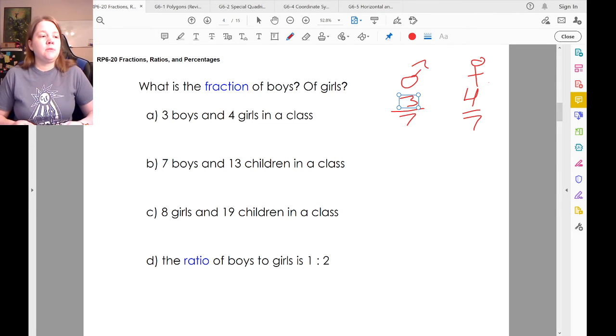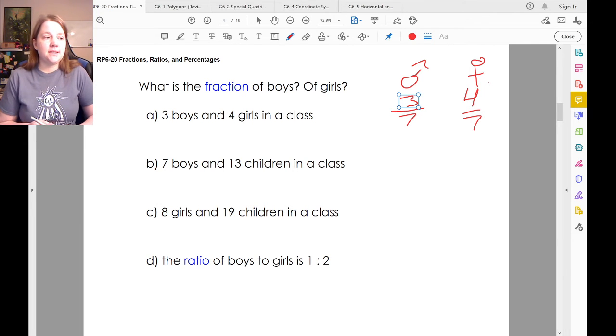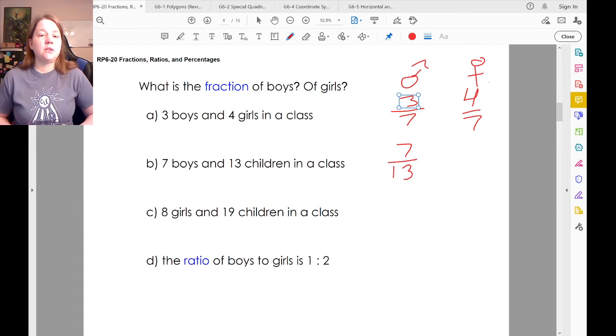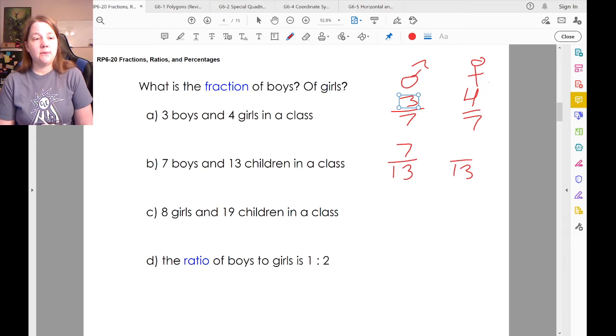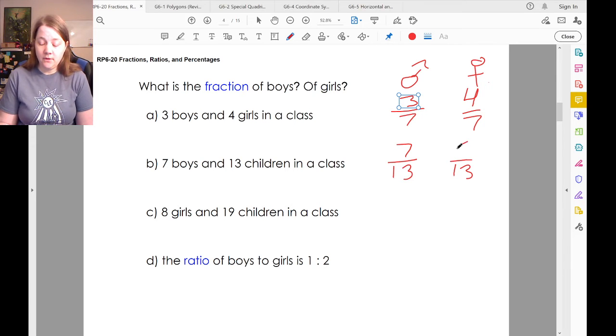Now what about letter B? 7 boys and 13 children in a class. Well, the ratio of boys to children, or the fraction of boys, would be 7 to 13. If there are only girls left, then I would take 13 and subtract 7 away, and I would know that there are 6 girls in this situation. 8 girls and 19 children in a class.